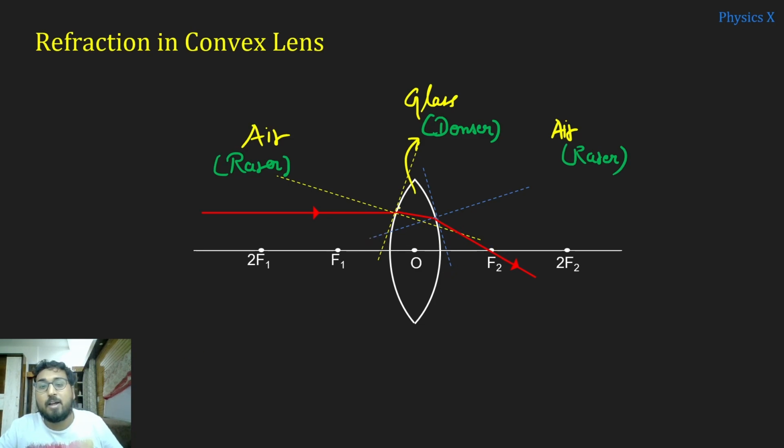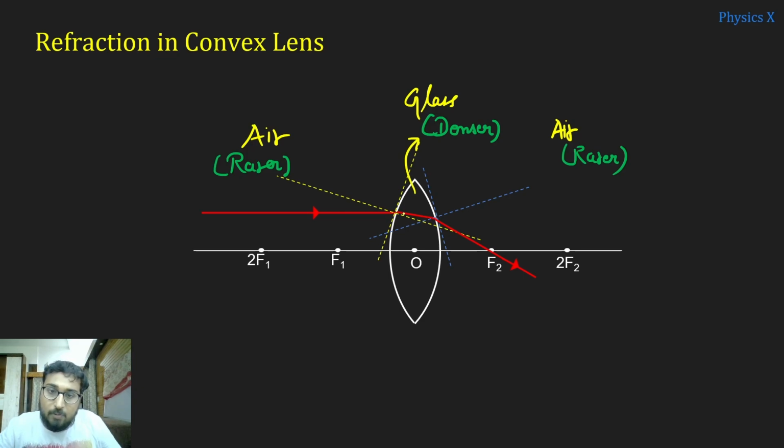So what you have seen is that refraction occurs two times. Okay, the refracted ray of light will always tend to be towards the denser medium. You can see that at this point, first there is a rarer medium and then a denser medium, so it will bend towards the normal.